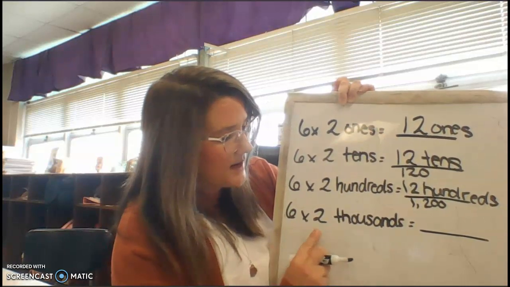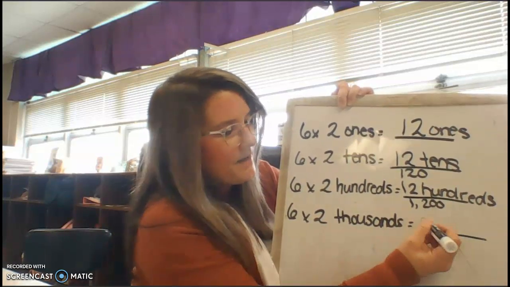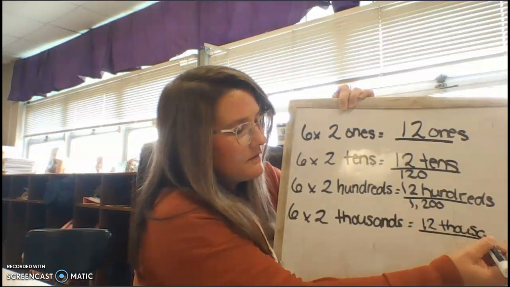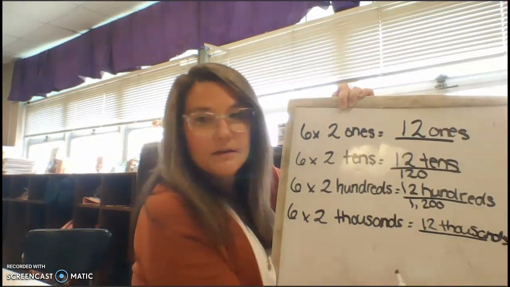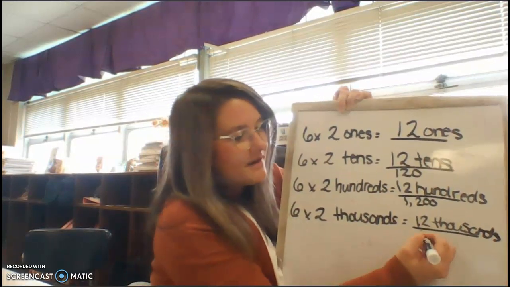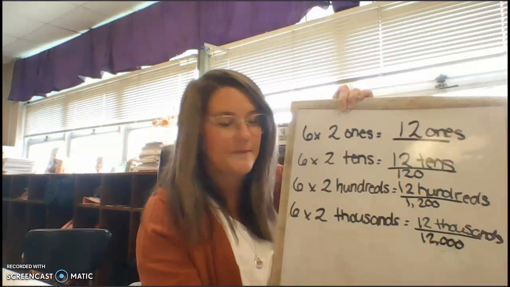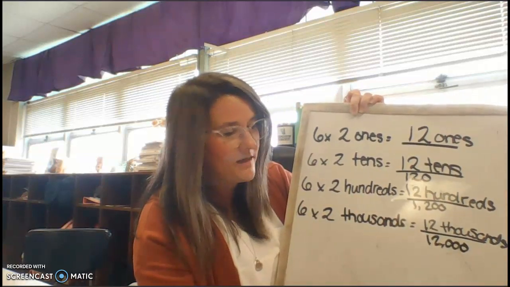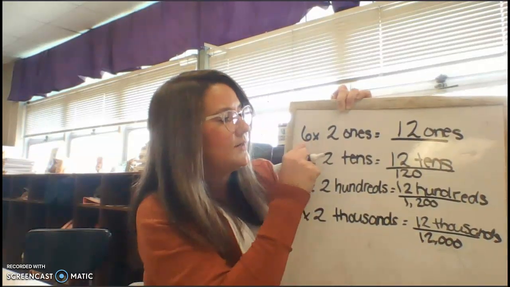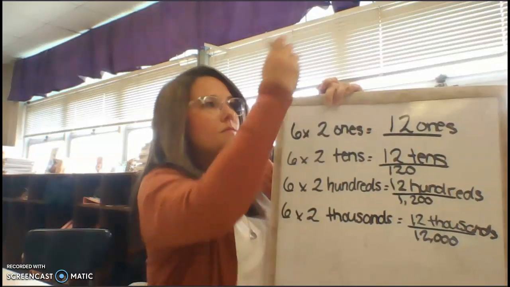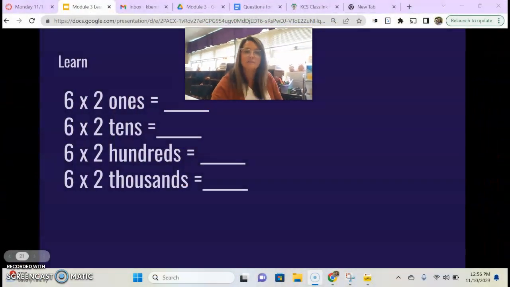And 6 times 2 thousands, that means I would have 12 thousands. And the value of 12 thousands is 12,000. Do you see the relationship between 6 times 2 ones with these other equations? All right, let's keep going here.